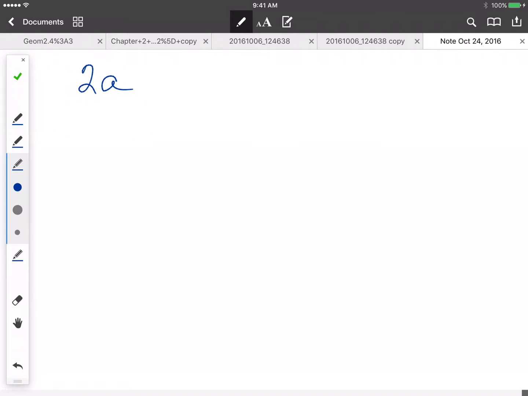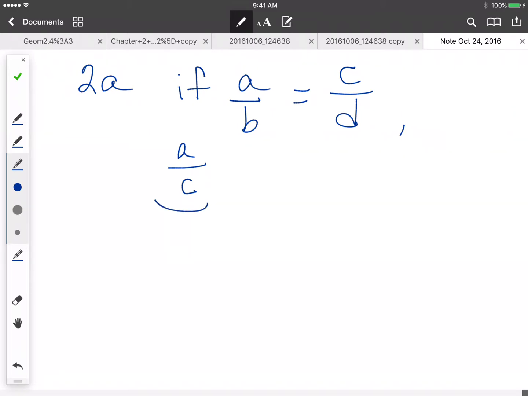If A relates to B the same way that C relates to D, it turns out that we can also have this same ratio: A will relate to C, or the numerators relate the same way that the denominators relate.